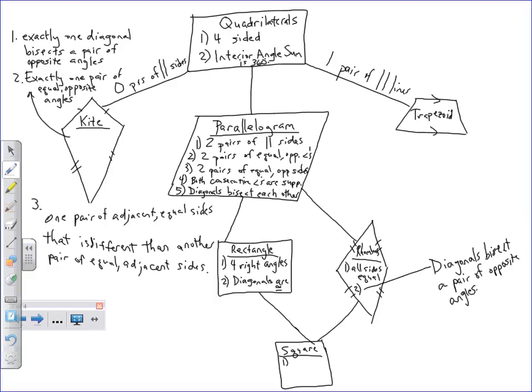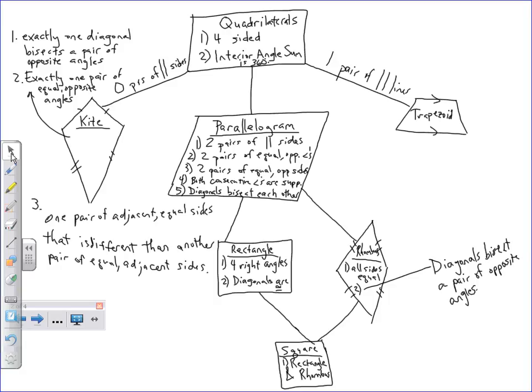But those are just characteristics of a rectangle and a rhombus. So we just need to say that it needs to be proven that it's a rectangle and a rhombus. And that is it for the defining characteristics and the graphic organizer.